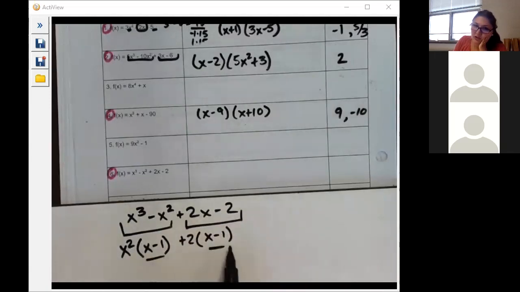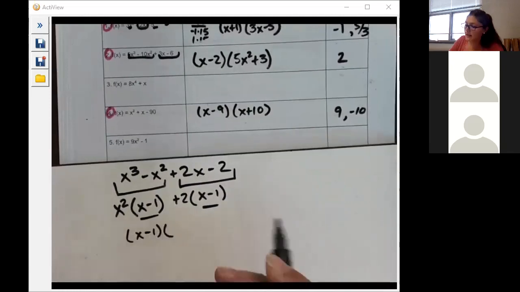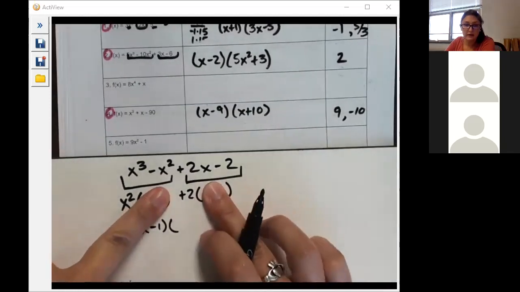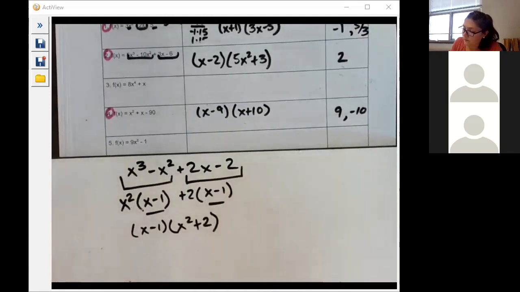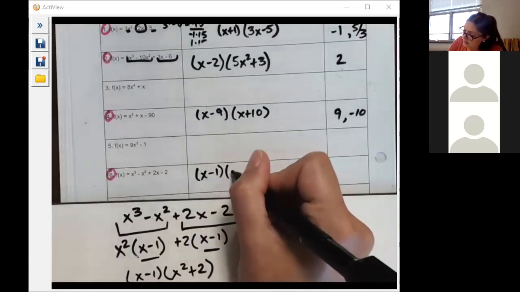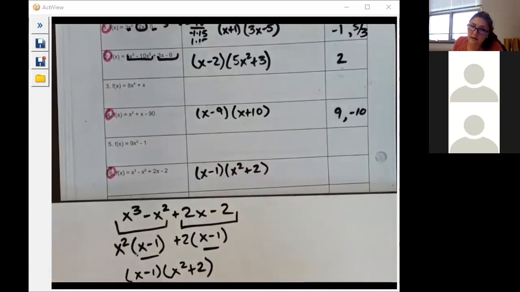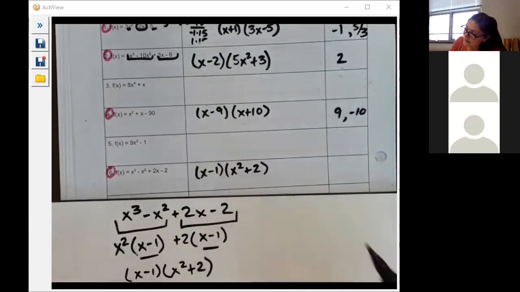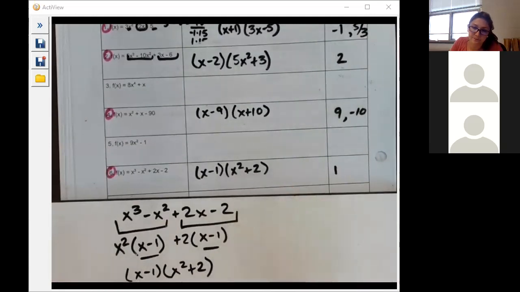Again, your stuff in parentheses should always be the same when you're using this grouping strategy. So now I pull that x minus 1 out as my GCF, and left over would be x squared plus 2. So my factored form is x minus 1 times x squared plus 2. To find our x-intercepts, from this x minus 1, I would have an x-intercept of positive 1. But for the x squared factor, we're going to leave that for now.